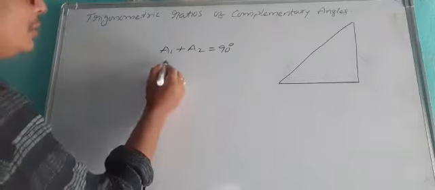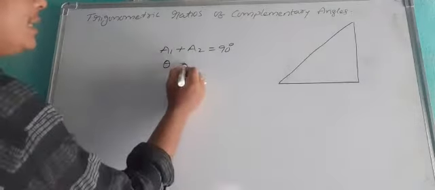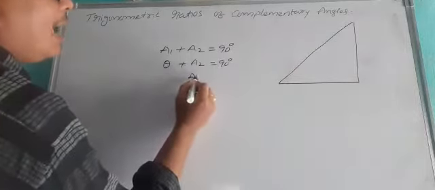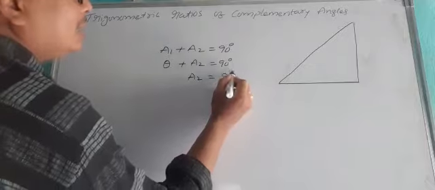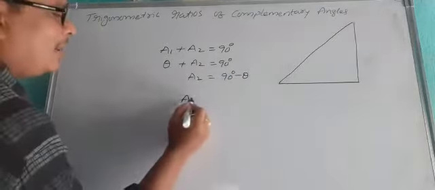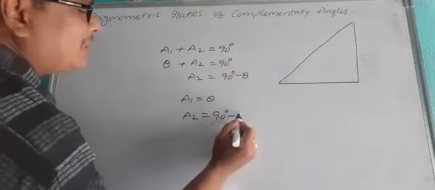For example, angle number 1 is considered as theta. Theta plus A2 equals 90 degrees. Now angle number 2 equals how much? 90 minus theta. That means here A1 equals theta, A2 equals 90 minus theta.